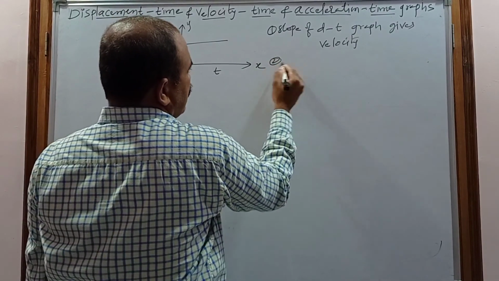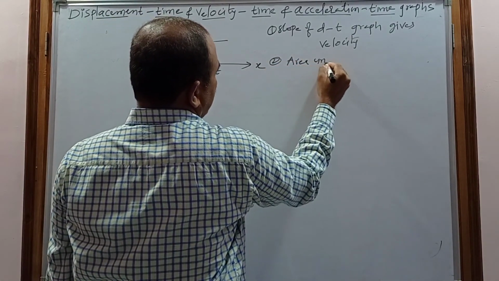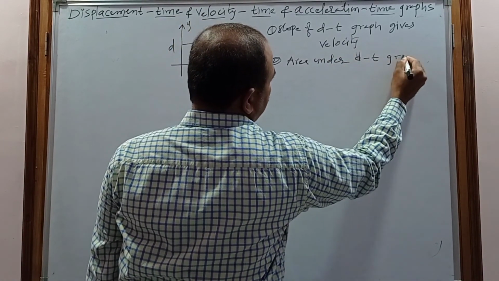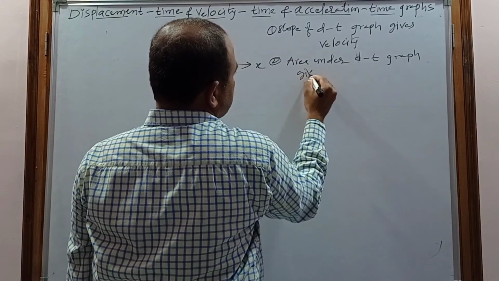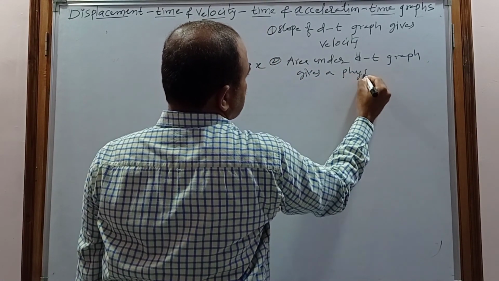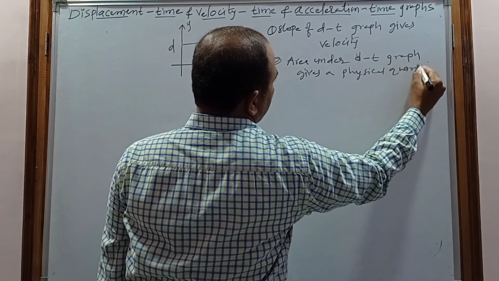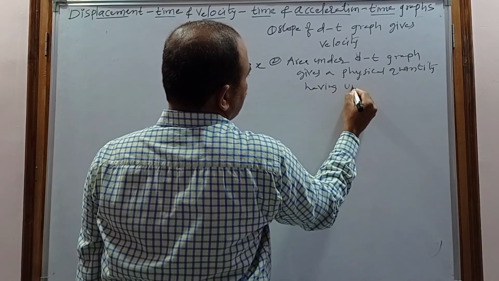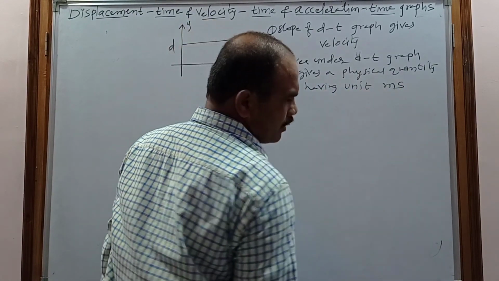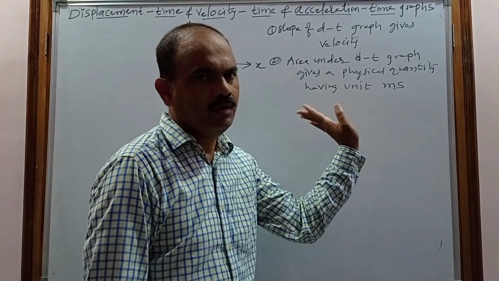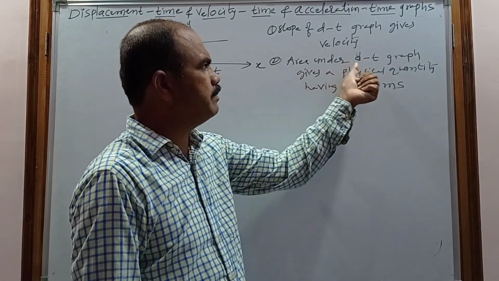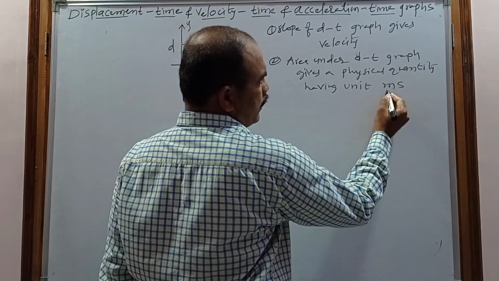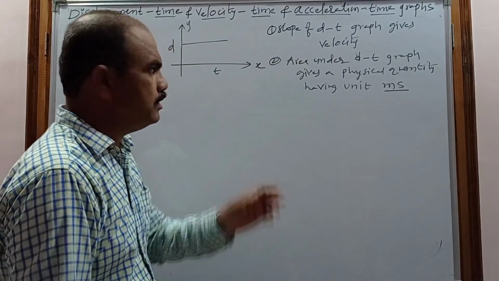This is very important. The second one is the area under the displacement versus time graph, which gives a physical quantity having unit meter second. So far it is unknown, but if you find the area under the displacement versus time graph, it gives a physical quantity that is unknown so far, but its unit will be meter second. So this you have to remember.